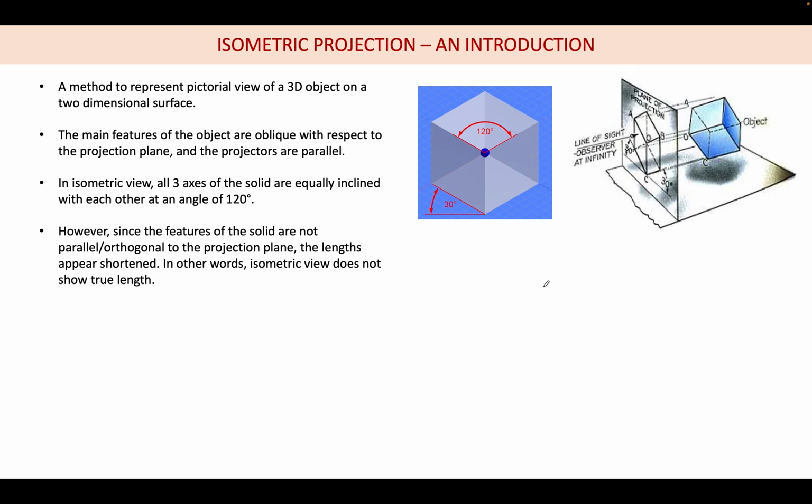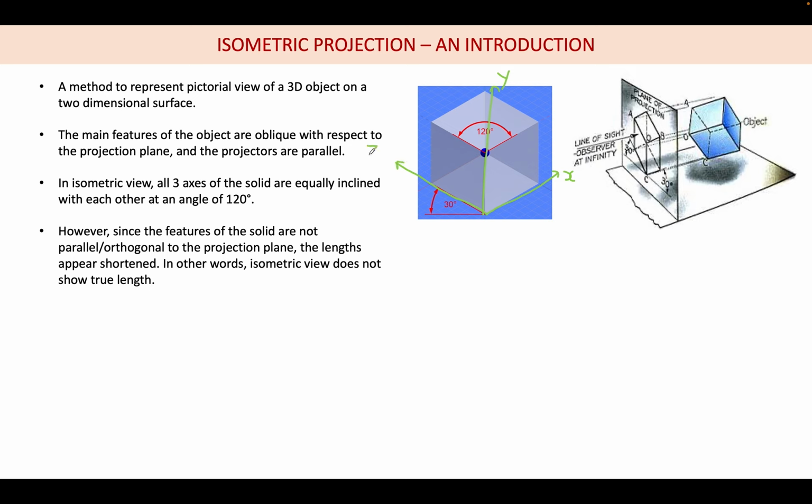Isometric projection is a pictorial view of a 3D object on a 2D surface. One of the main aspects is, suppose this is a cube, this is my x axis, this vertical is my y axis, and this is my z axis.